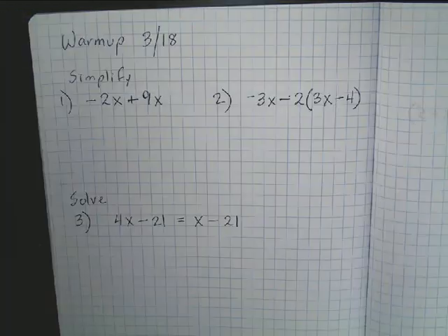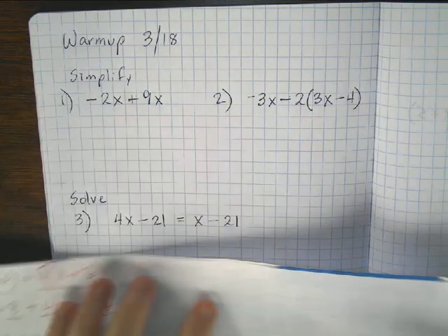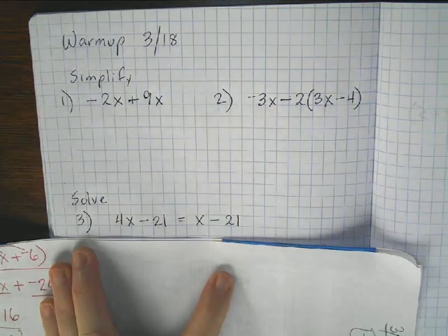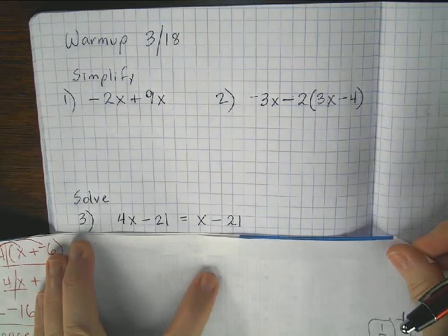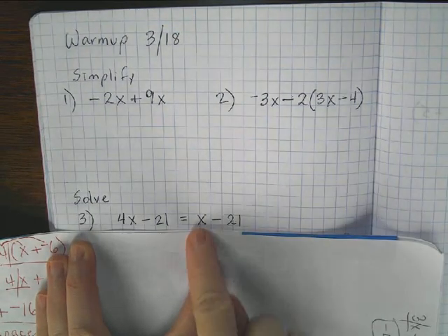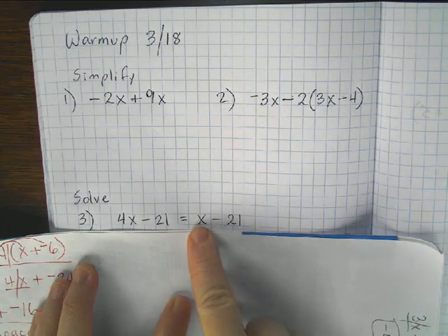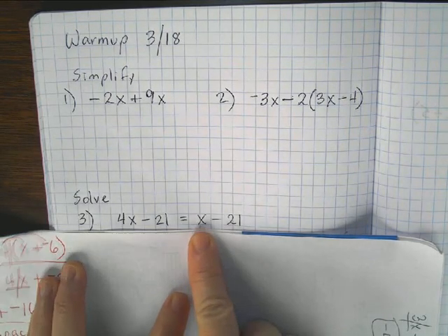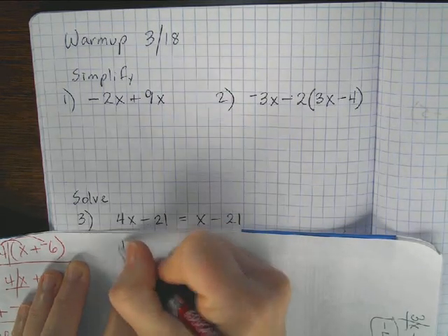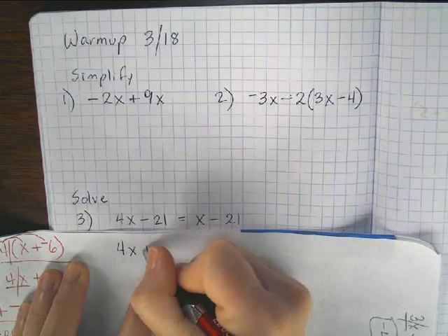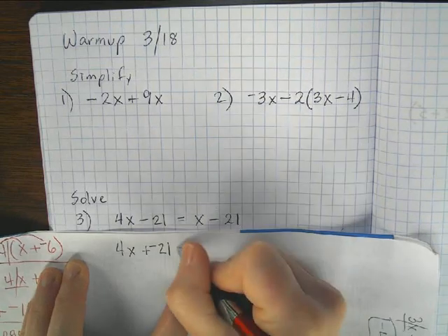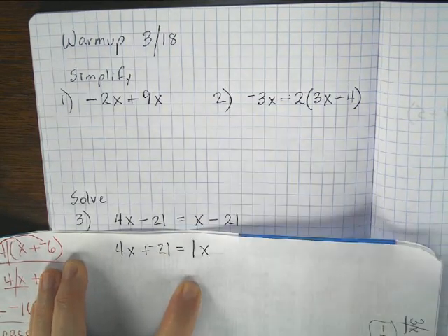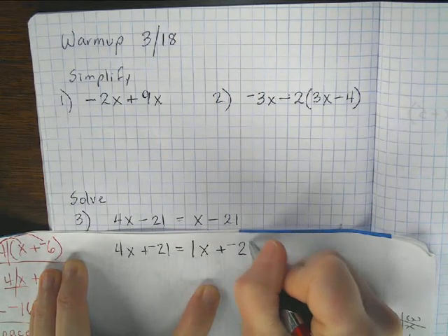All right. The next problem. Oh, we're going to solve this. Notice we have x's on both sides of the equation. I do not like having x on the right. I want to get rid of that. How can I get rid of that x? It's a positive 1x. Let me rewrite this. 4x plus negative 21 is equal to 1x plus negative 21.